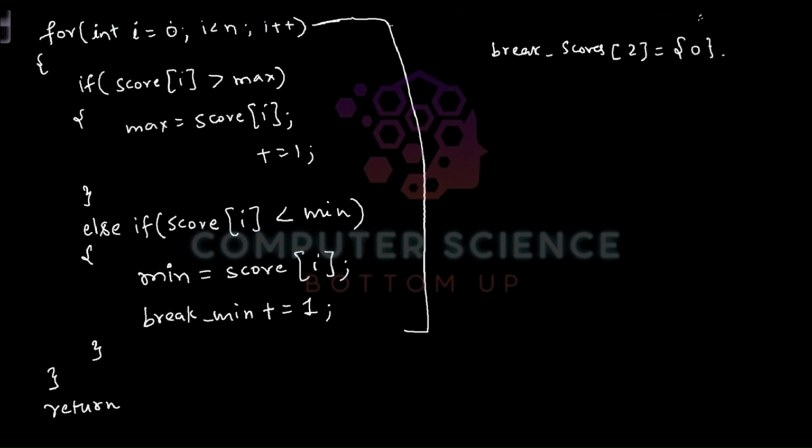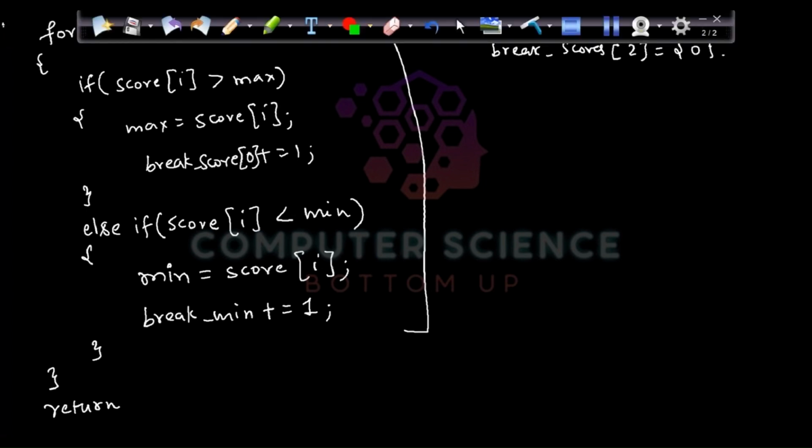You initialize both as 0, so both break score at index 0 and index 1 are 0. Then you make it break score 0 plus equal to 1, and break score 1 plus equal to 1, and at last we just return break score. And this is it. This is our code.